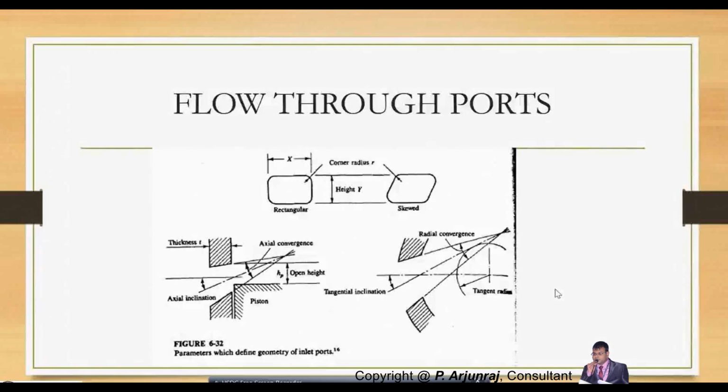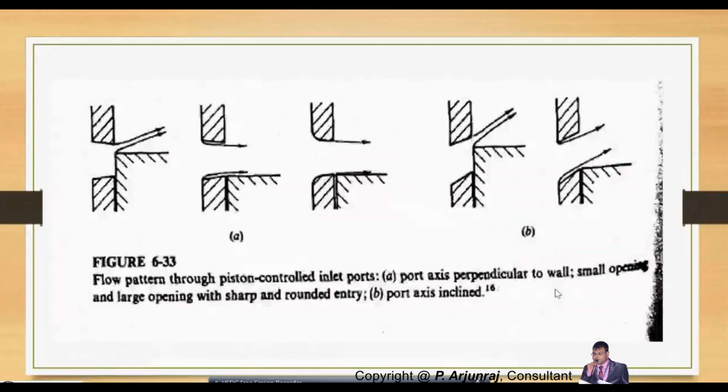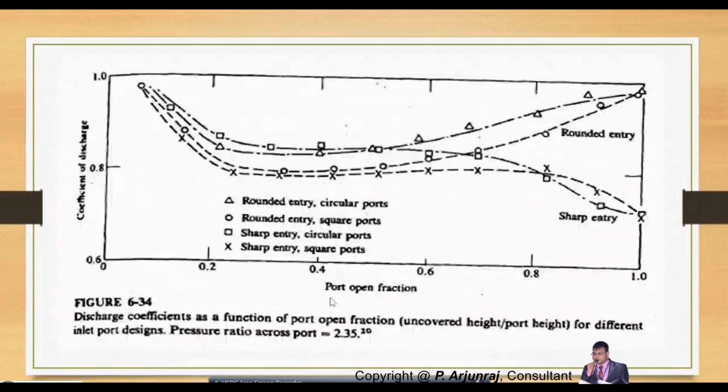So we have seen the valve flow, how the flow of the system comes to the valves, and similarly they also give the flow through ports. The port can be of circular shape, square shape, and how you design the port is also very important.